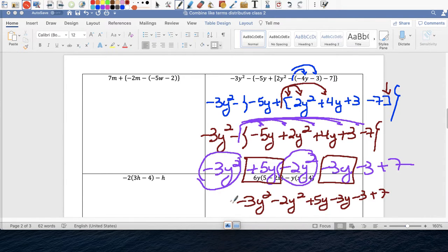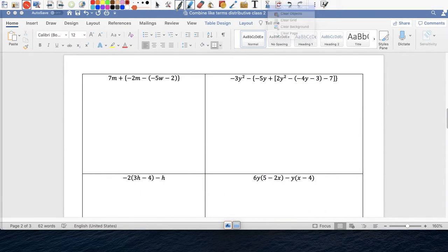Now it's just a matter of combining like terms. Combine these two, it's negative 5y squared. Combine these two, it gives positive 2y, and minus 3 plus 7 is plus 4. A lot more than we did in class today, but you should be okay.